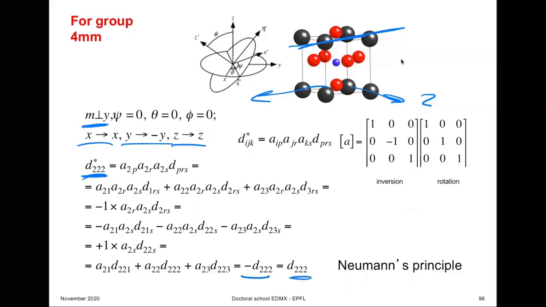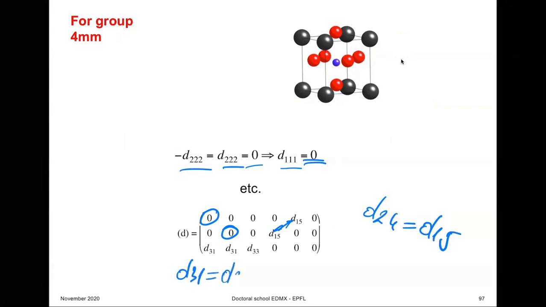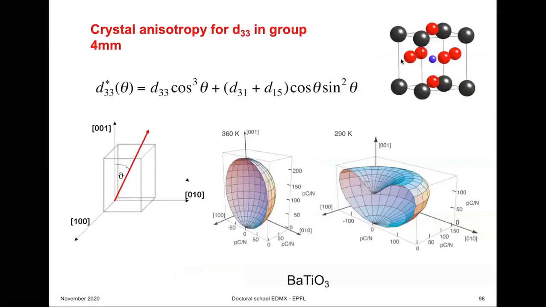And by Neumann's principle, it has to be equal to itself. It shouldn't change. If something is equal to its negative, then it has to be 0. So D22 is 0, and since we previously showed that D11 is equal to D22, that also has to be 0. So this is D11 and this is D22. We can do that for all other elements. By doing this, we can show that D15 and D24 must be equal, that D31 is equal to D32, and that all other elements must be 0.